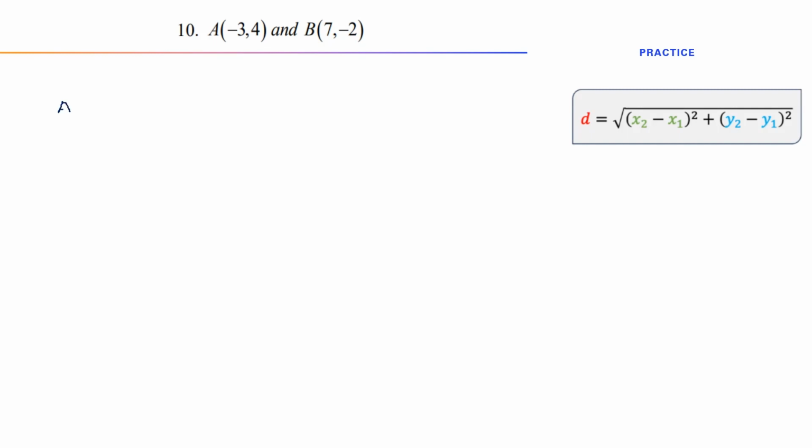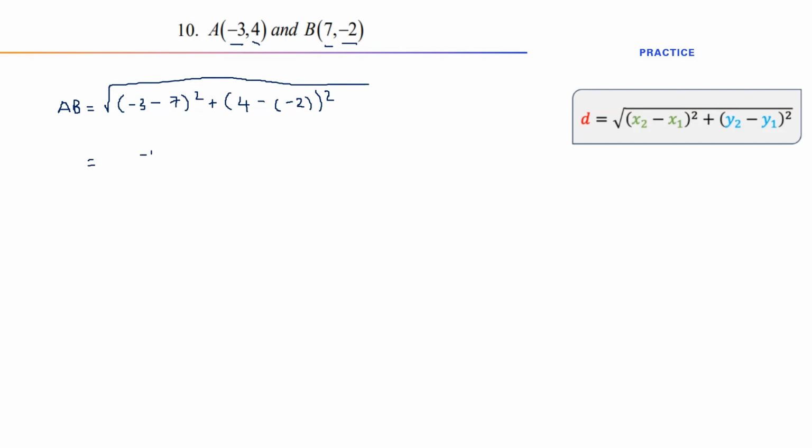Now we have AB equal to the square root of (-3 subtract 7) squared plus (4 subtract -2) squared.